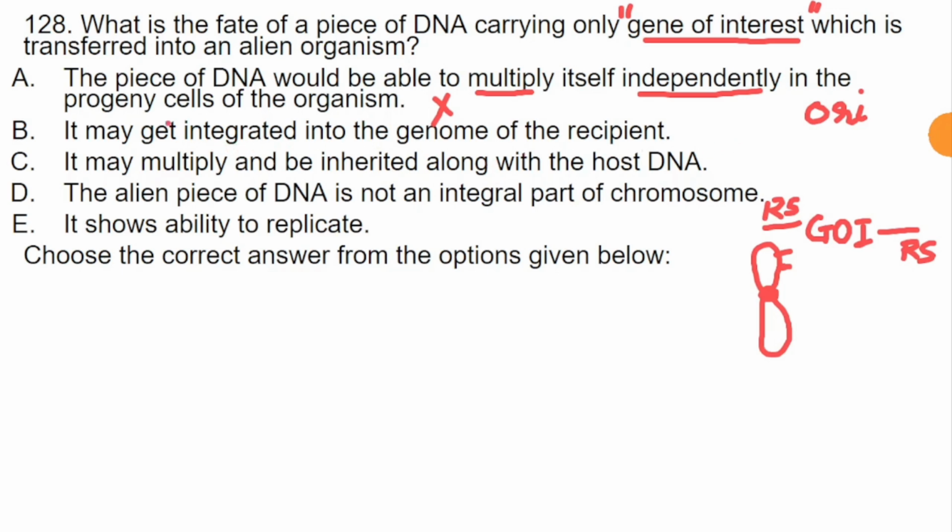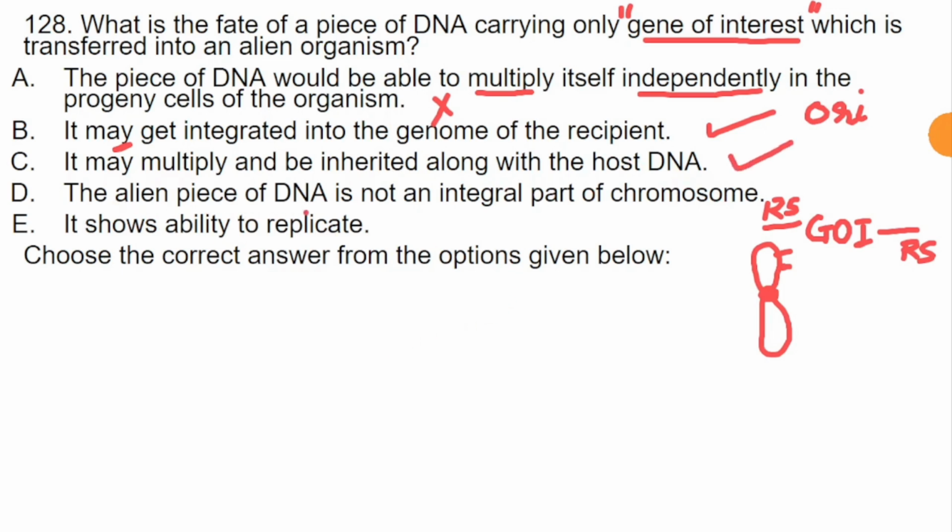This is a possibility. It may multiply and be inherited along with the host DNA. Since it may get integrated, once it is integrated, it will be able to multiply and will be inherited along with host DNA. So this possibility is also there.